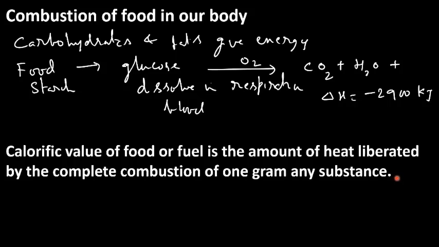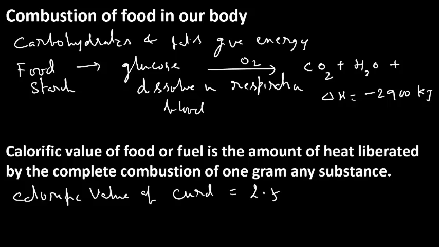So the amount of heat liberated by the combustion of 1 gram of any substance, either food or fuel, is known as calorific value. So the calorific value of curd is 2.5 kilojoule per gram.